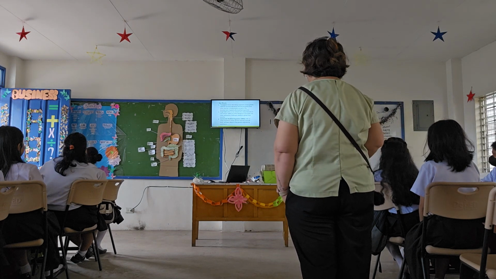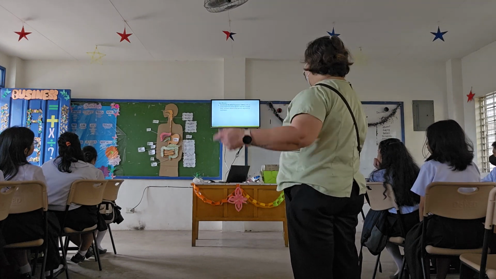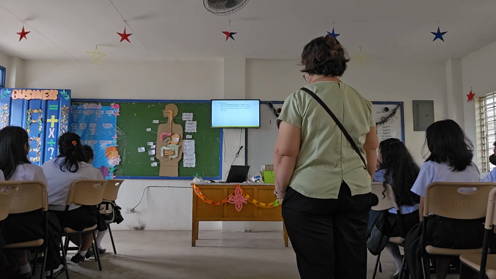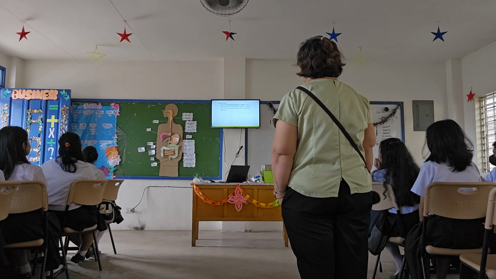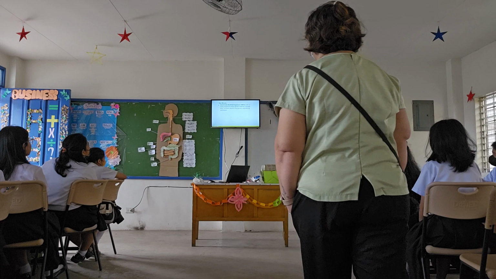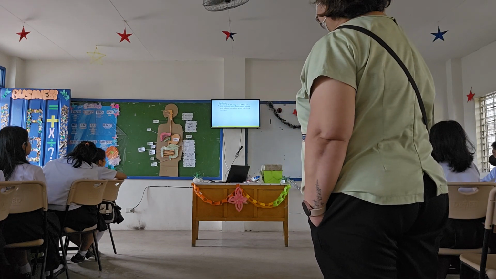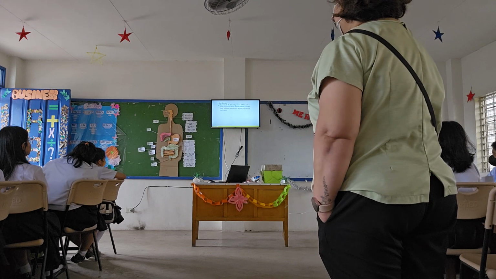Okay, very good. So how about the next one, number 4? Can you please read? Genetically modified organisms. The first living organism whose genetic material, DNA, has been altered using genetic engineering. Okay, very good.